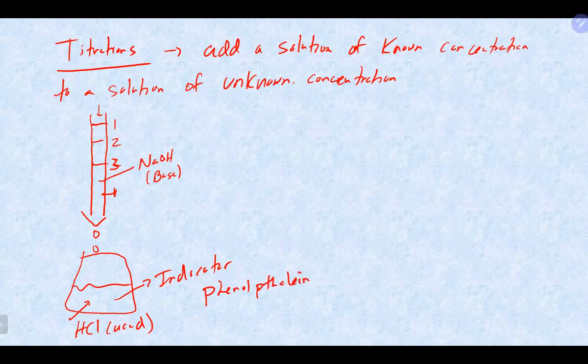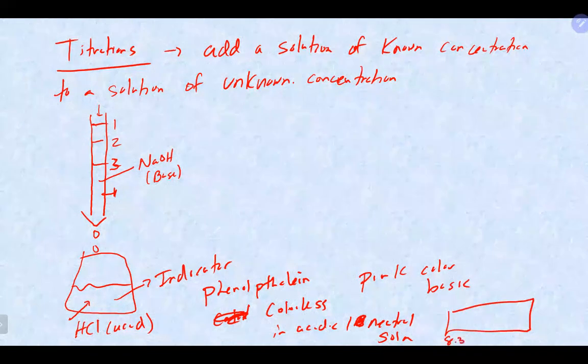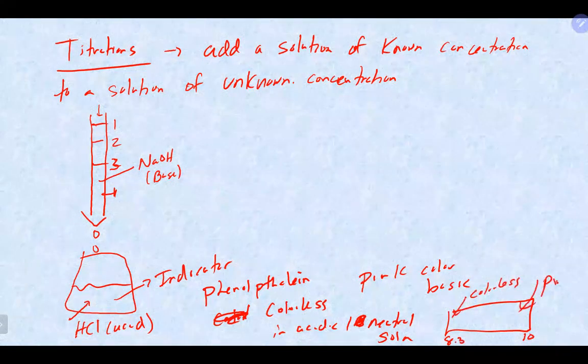Phenolphthalein is colorless in acidic and neutral solutions, but it does turn a pink color in basic solution. In fact, phenolphthalein works at a pH of 8.3 to about 10. Below that it is colorless, and it gets gradually darker pink as you go through the pH range.